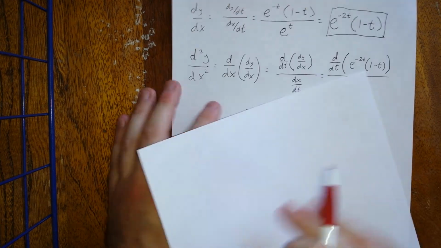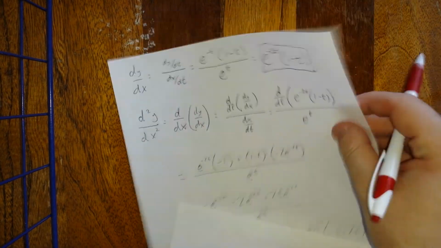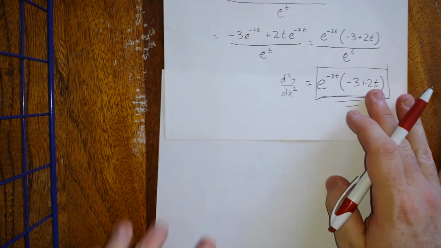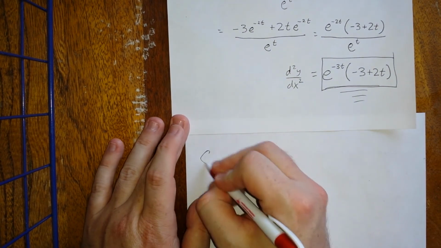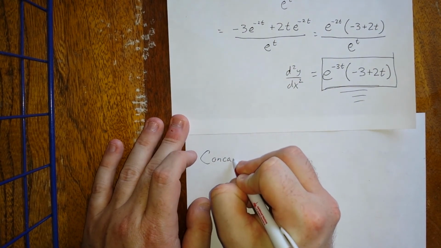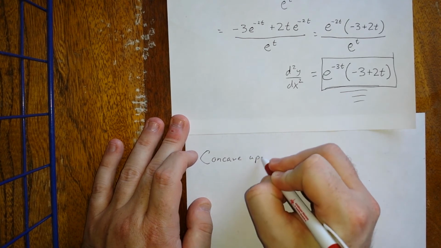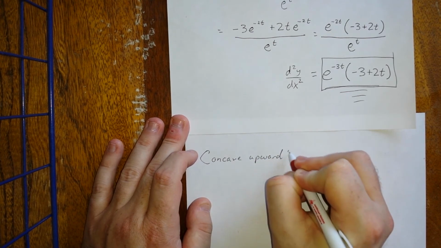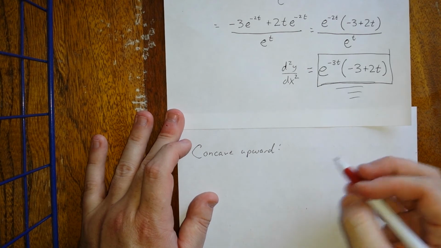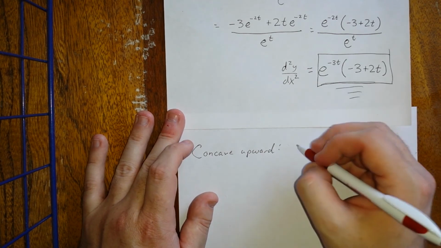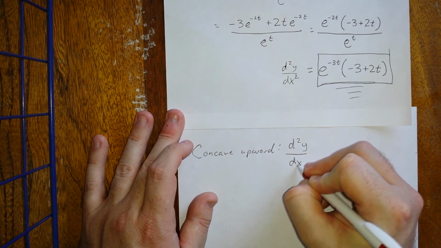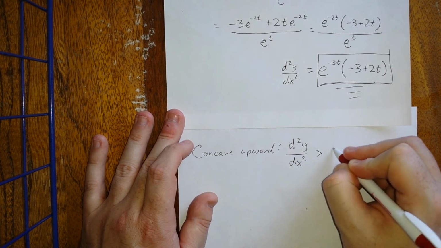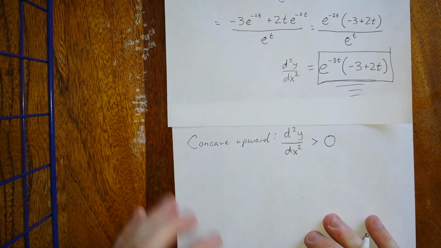Now, let's flip this guy over. We'll need the second derivative, because concavity is determined by the second derivative. Now, the definition of concave upward, well, I guess it's not necessarily the definition, but the way that we calculate concavity is whether the second derivative is positive or negative.